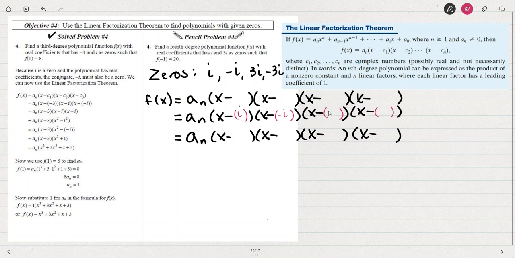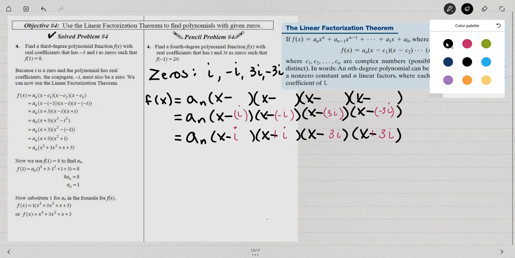I'm going to go a little overboard here in showing some of the steps just to make sure we don't lose anyone, because those factors we get are going to be x minus i, x plus i, x minus 3i, x plus 3i, and this shows how I get those. Okay, I'm now ready to multiply.